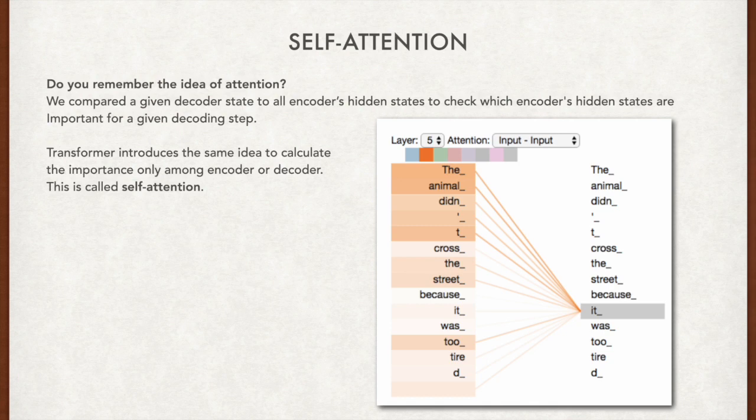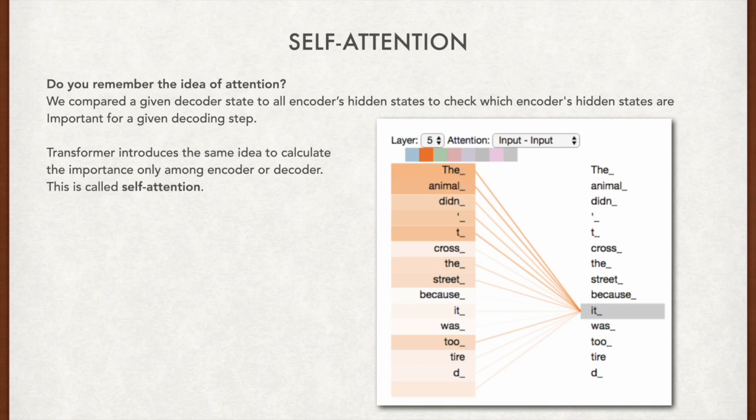This example is a good example to clarify that, because it uses the pronoun it. What does it refer to? What does it mean? In this slide, we can see some other example using the pronoun it. The animal crossed the street because it was too tired. Does it refer to the animal or maybe to the street?